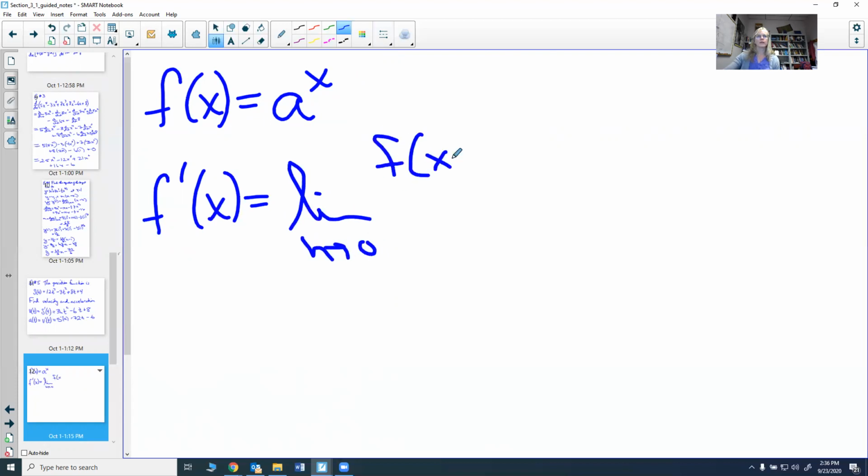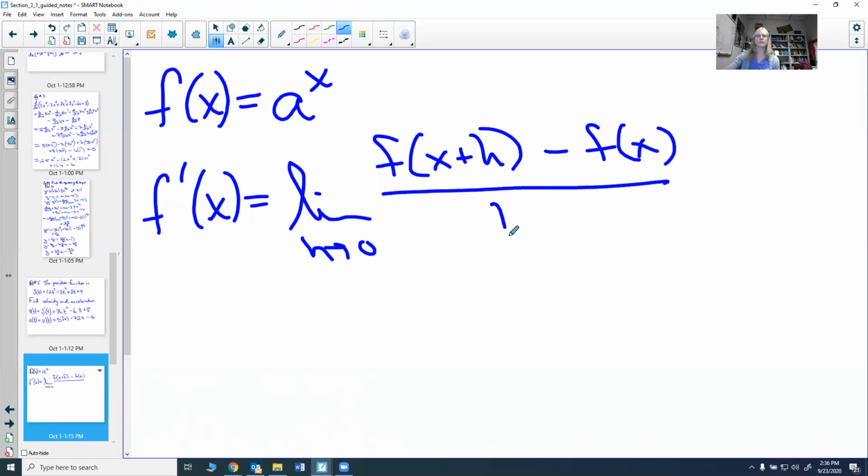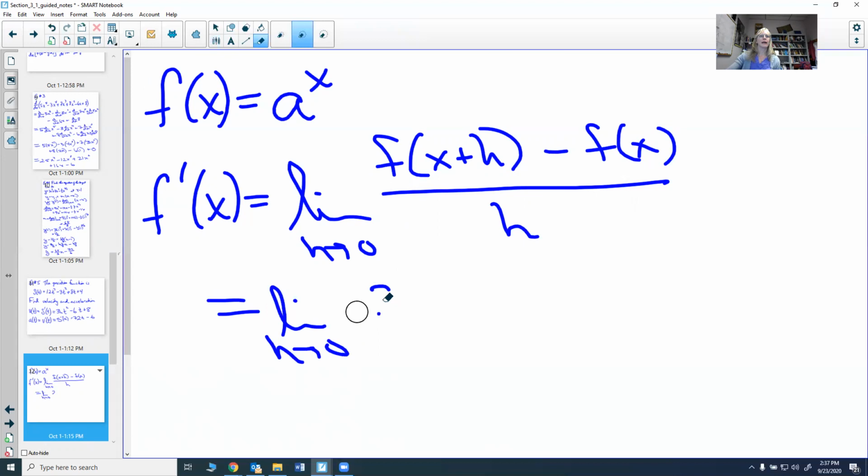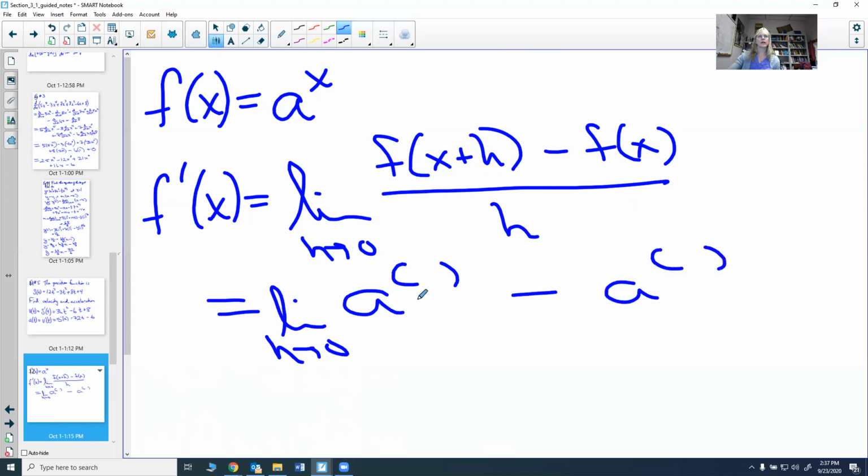Remember, the definition of a derivative is the limit as h goes to 0 of f of x plus h minus f of x all over h. So this would be the limit as h goes to 0 of a to the something minus a to the something, all over h. Our function is being subtracted.